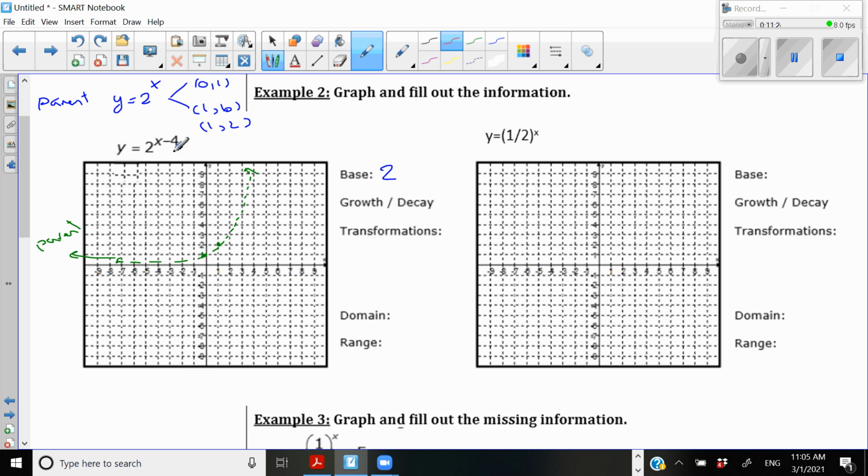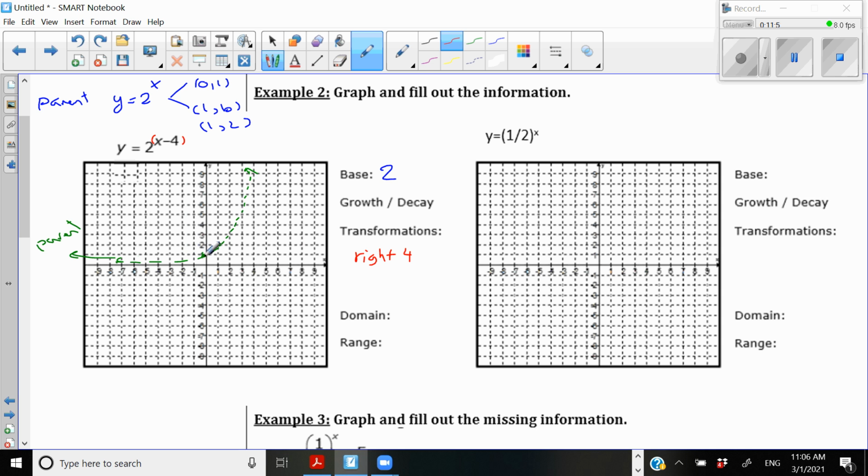Now, let's graph the original function, 2 to the power of x minus 1. What transformations do we see here? As we see, x is subtracted by 4. That means we are moving our function right 4. So any point that we have on the parent function needs to be moved right 4.